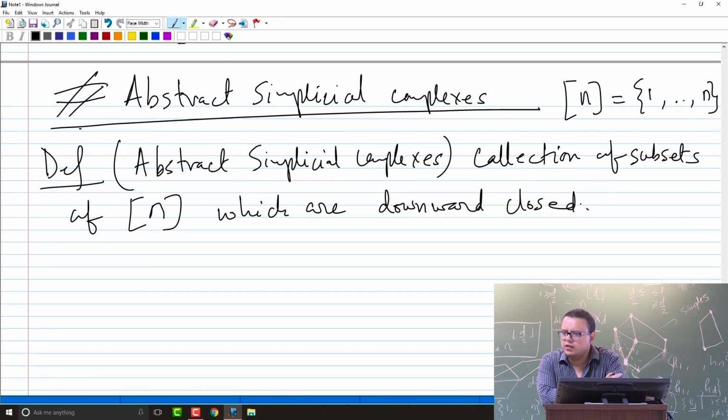What do I mean by that? Let us again call it K, let me write it with a tilde to denote an abstract simplicial complex. So, K tilde will be a collection of subsets of the first n numbers. It will be an abstract simplicial complex if some sigma which is a subset of 1 to n is present in K tilde, then all of its subsets are present in K tilde.